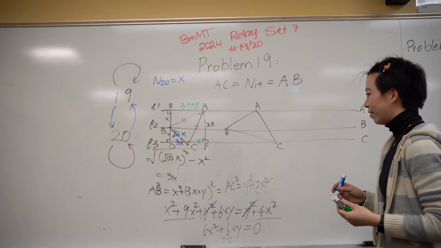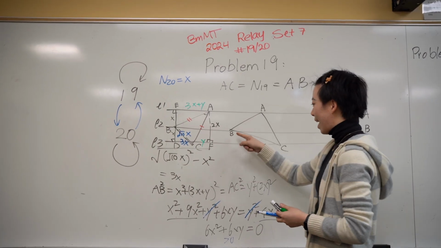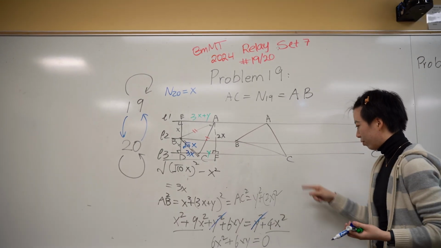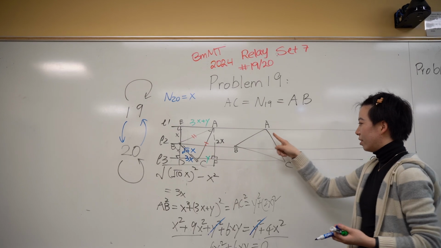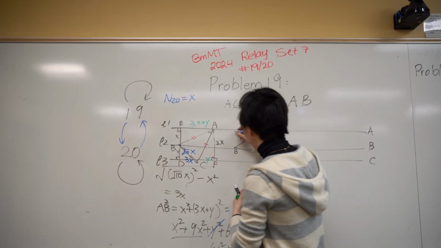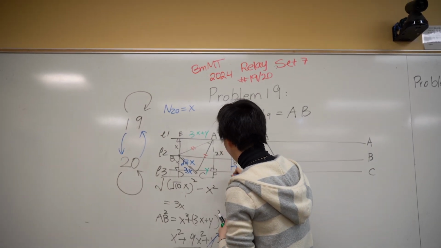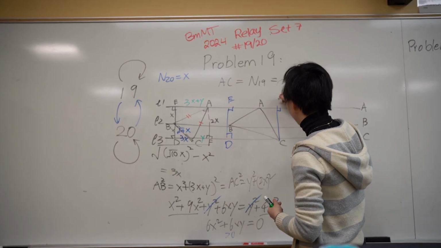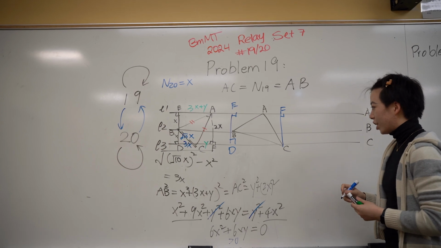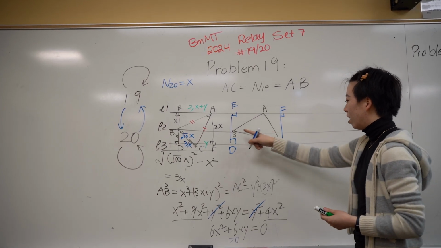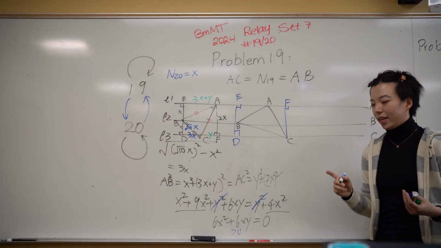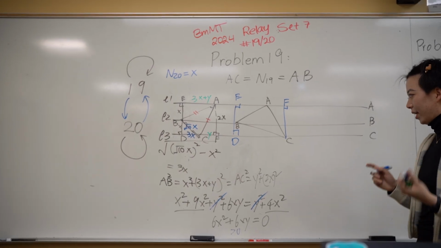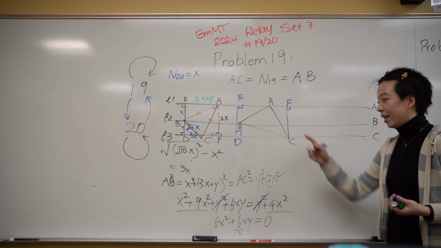One interesting thing is that if we drop the altitude from B to L1 and to L3, D and E again, and also drop the altitude from C to L1 as F, the shape we have for both angle BAC as 90 degrees or greater than 90 degrees is the same. How about we combine the cases of 90 degrees and greater than 90 degrees together and see what we can find in this case.